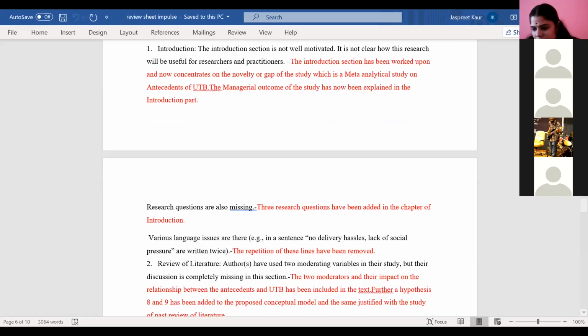Just give me one minute. I'll get it from the mail. I want to show you how, after these comments, we highlight and send the file. That is what I was trying to show you.